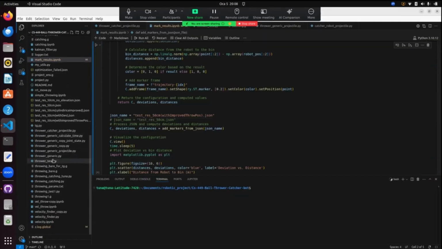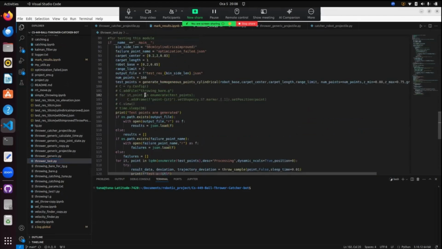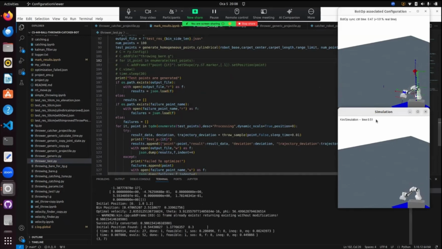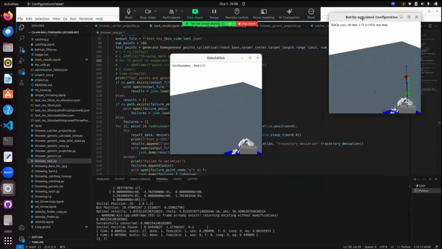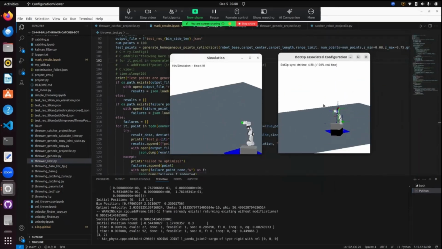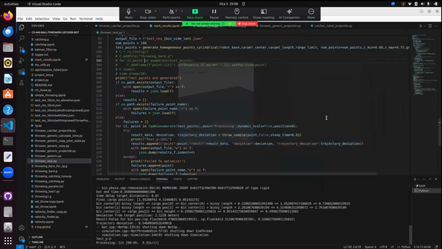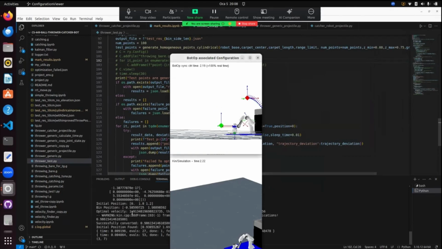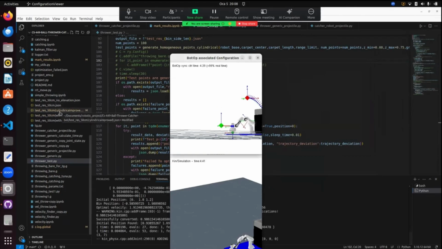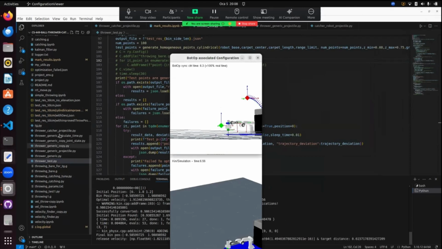We created thrower tests and generated 100 sample points randomly, and for each one we checked whether it is a success or not, and we wrote the results to these JSON files.